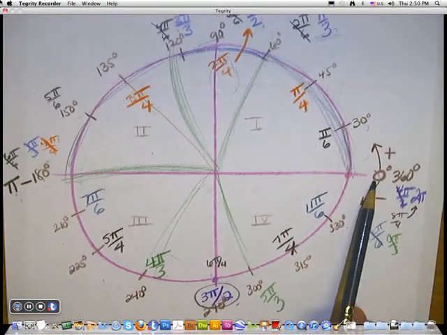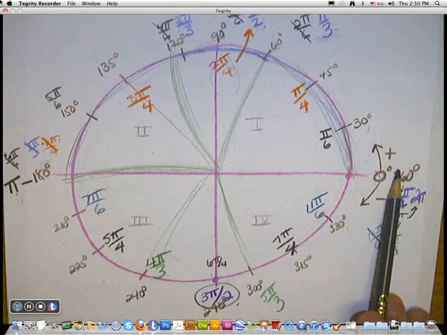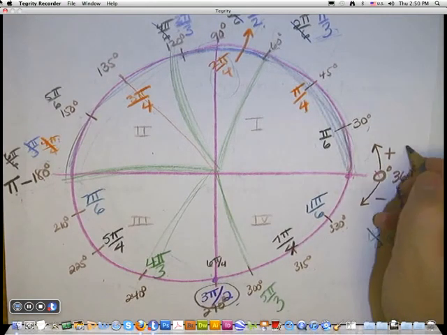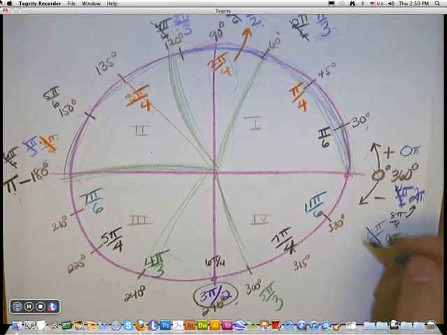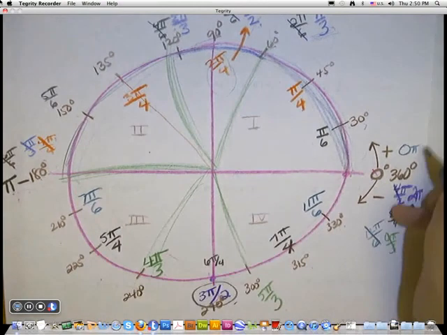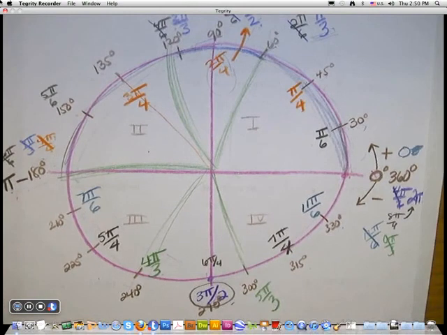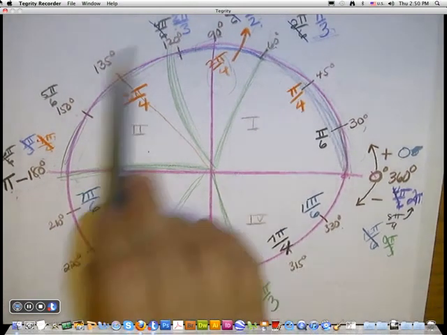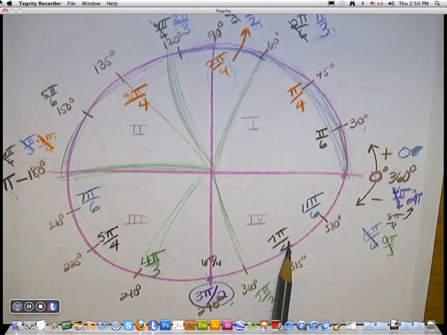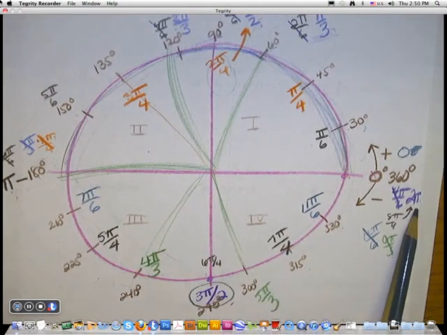Degree and radian. Starting at 0 degrees, going around to 360. Starting at 0 radians, and going around to 2 pi. Now you don't put 0 pi, it's just 0. Because 0 times anything is 0. But 0, pi over 6, pi over 4, all the way around in reduced form, always, over to 2 pi.